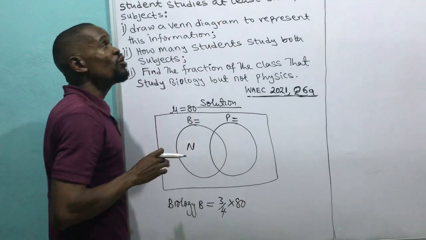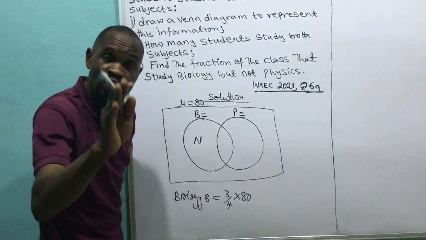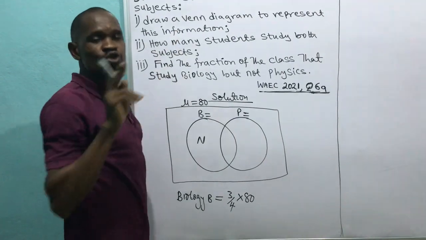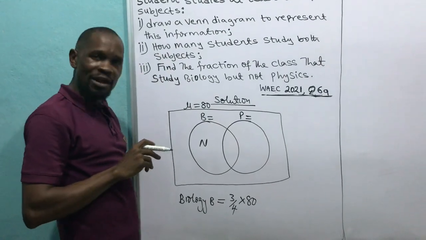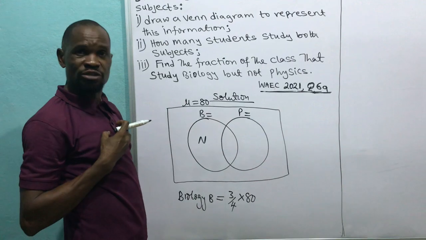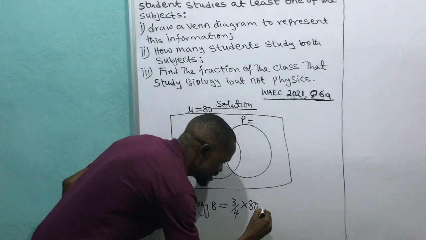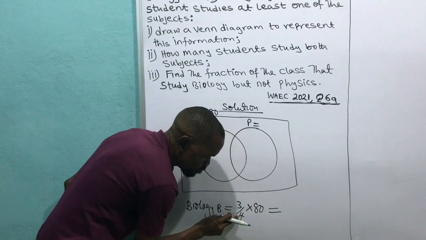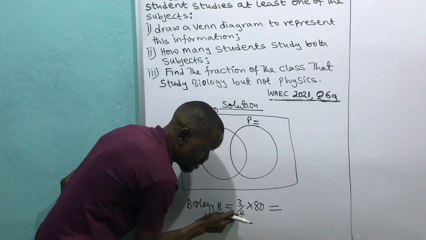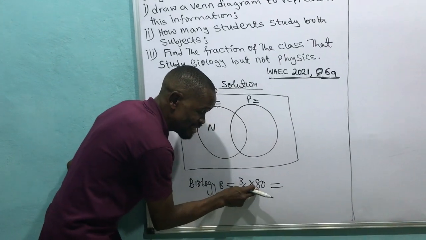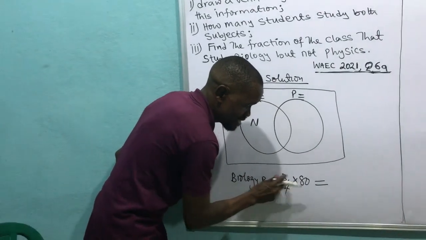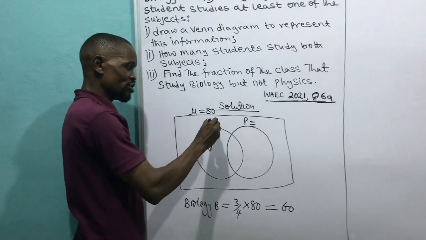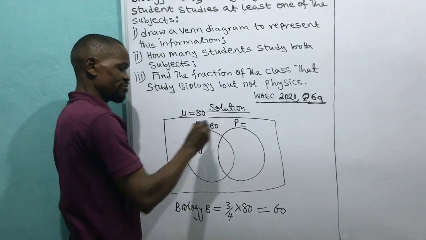They told me 3/4 of the students study biology, so 3/4 out of the 80 students in this school study biology. I multiply: 4 divided into 80 is 20, and 20 times 3 gives me 60. That means 60 students study biology, and I'll put 60 here.